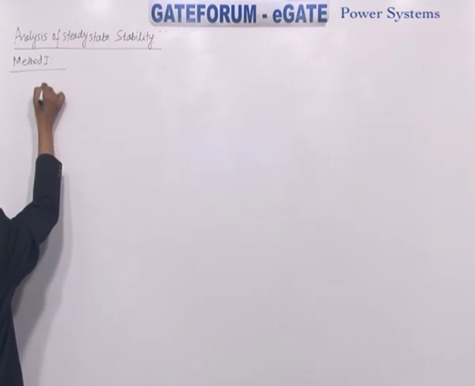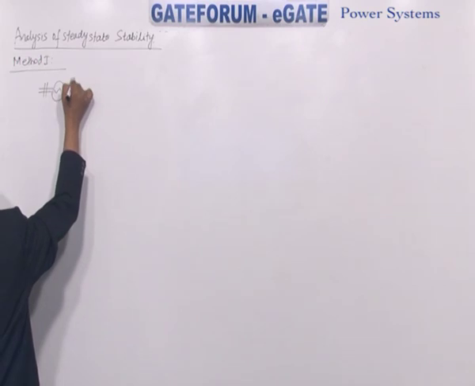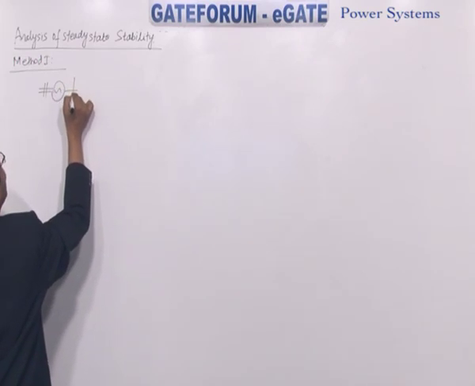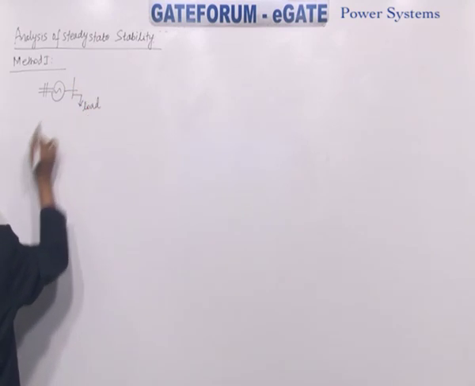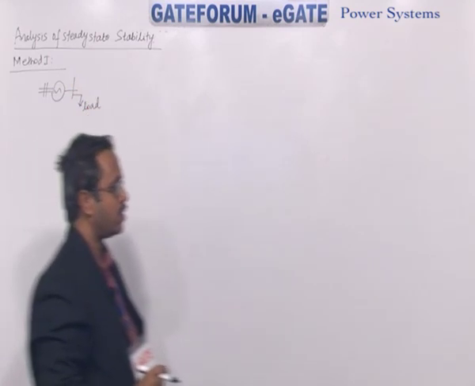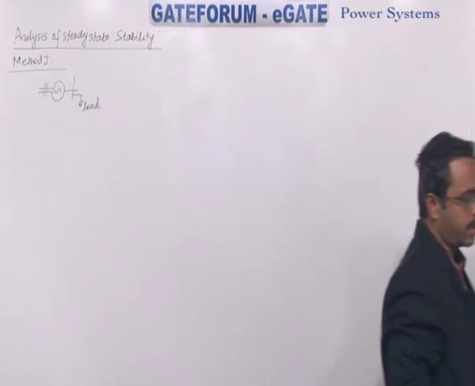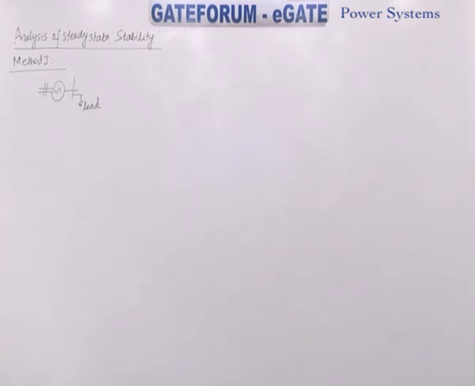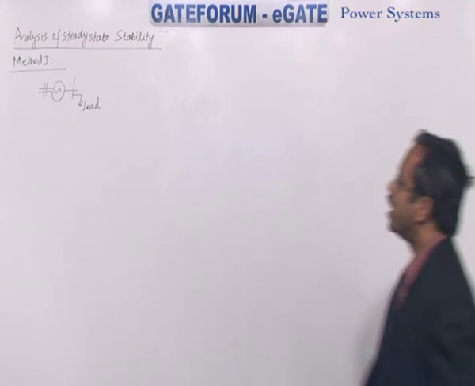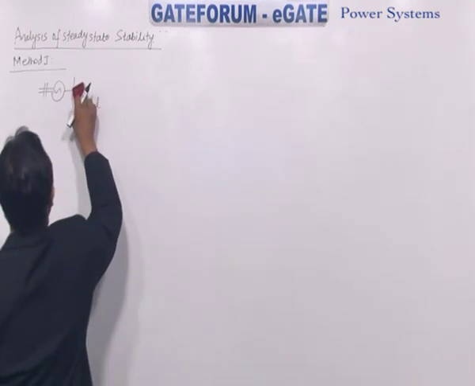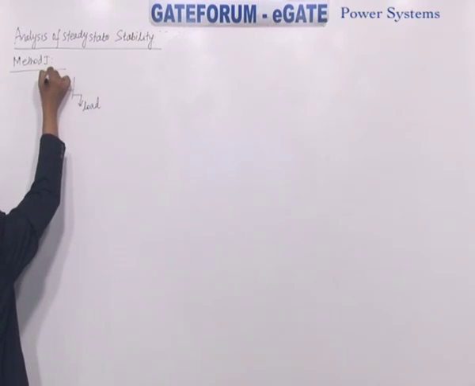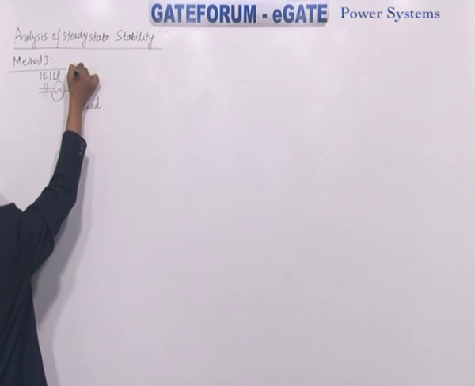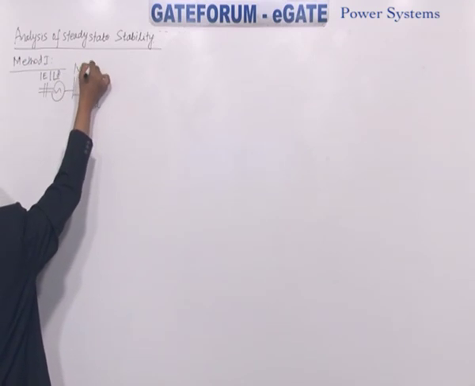So in the static model, you consider an alternator connected to a load directly. And what about the reactance of the alternator? You can represent alternator E at angle delta, load V at angle 0.